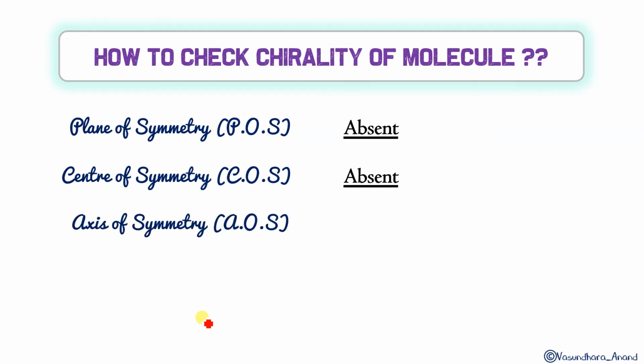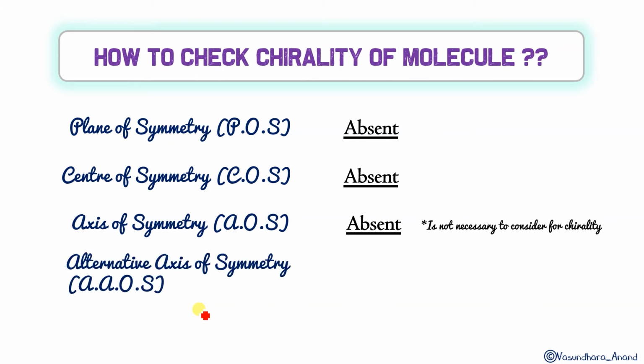Axis of symmetry should also be absent, but it's not so necessary to consider for chirality. And another is alternating axis of symmetry. That should also be absent, but if we are getting COS and POS, then AOS will be present automatically, alternating axis of symmetry will be there.